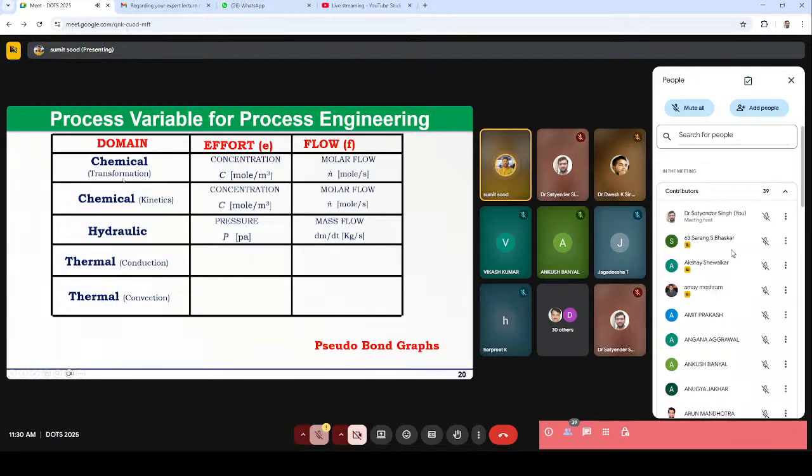Likewise, for chemical also, we can use the molar flow and concentration for representing different kinetics. And for thermal, for conduction, we can use the temperature as the effort, and the heat flow as the flow variable. For convection, we can use the temperature or specific enthalpy as the effort, and enthalpy flow as the flow.